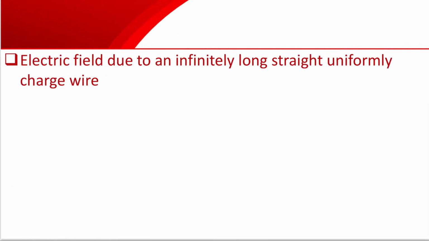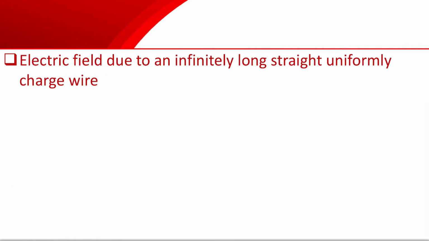Now let us find the electric field due to an infinitely long, straight, uniformly charged wire. For that, this is a wire, and it goes infinite in this direction and also in this direction.